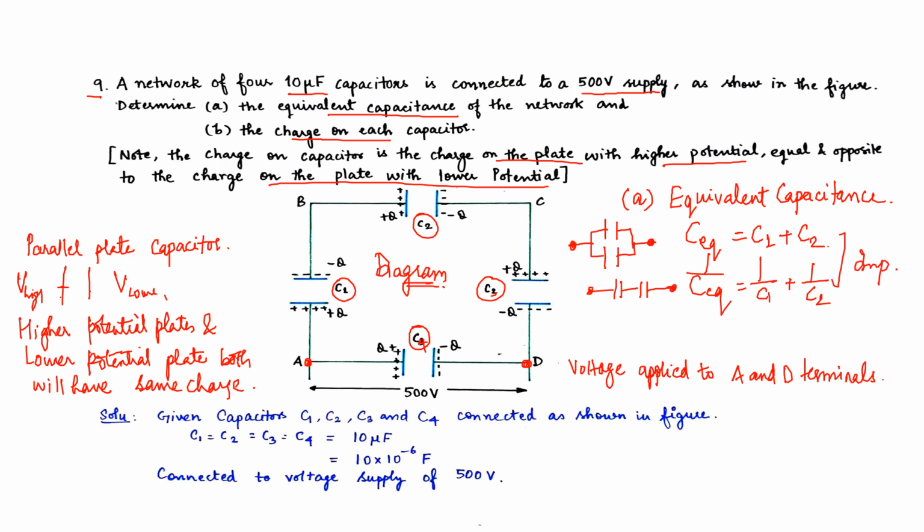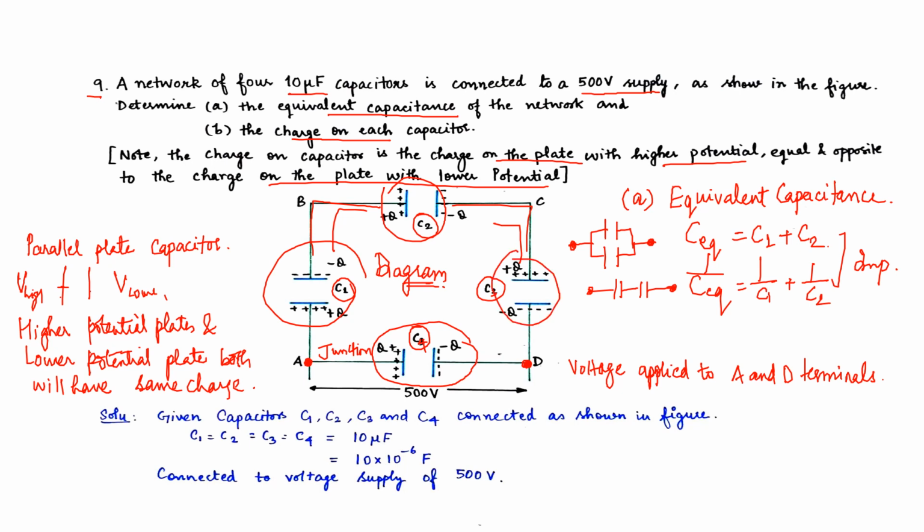Now see, here we have a junction, and here we have a junction. So this particular capacitance is out of this particular network, this is one left behind. Now see, this C1 is directly connected with C2, which is directly connected with C3.